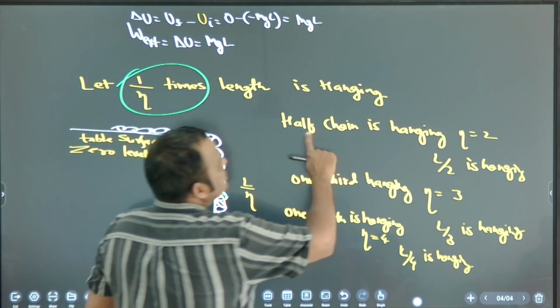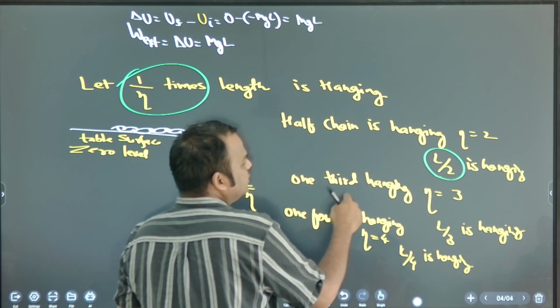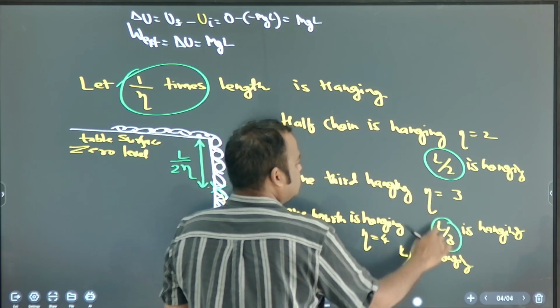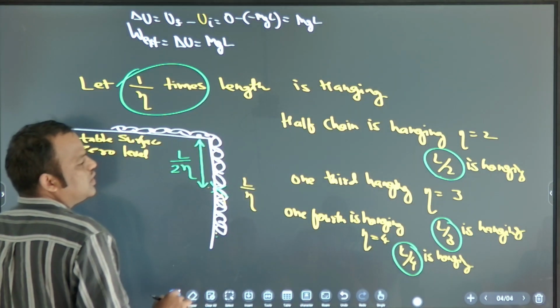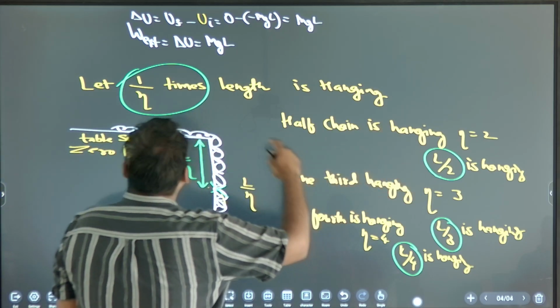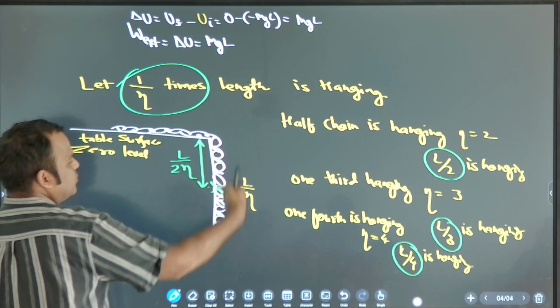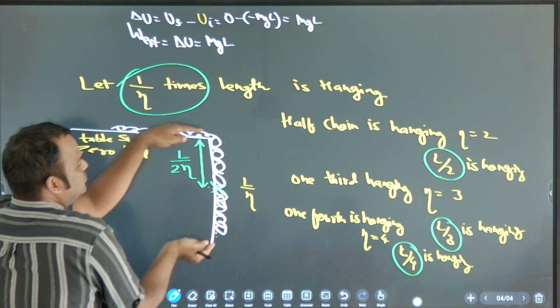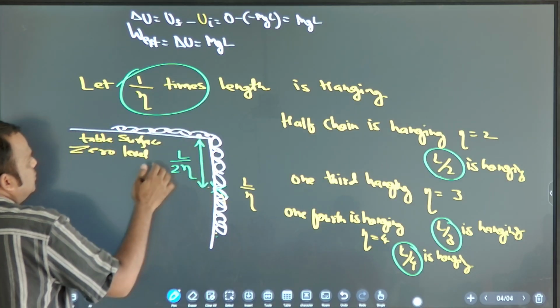If half is hanging, L by 2. If 1/3, L by 3. If 1/4, L by 4. So if 1 by eta times is hanging, L by n is hanging, and the center of mass is at L by 2n. Understood?